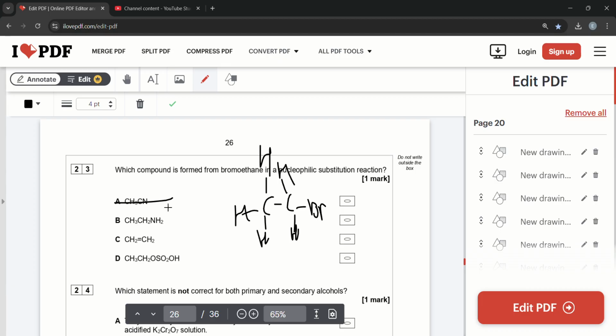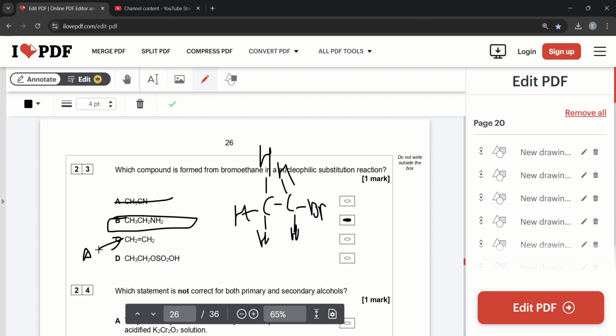Definitely not that one, because what would that form? That would be methane. Whereas B, yes, because you've got CH3CH2NH2, and you can replace it with Br, so B is the correct answer.